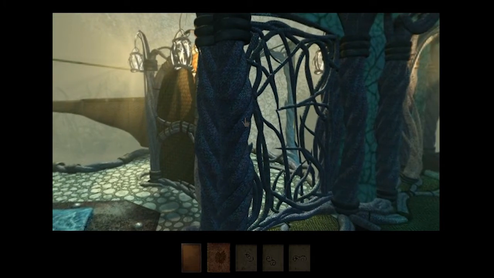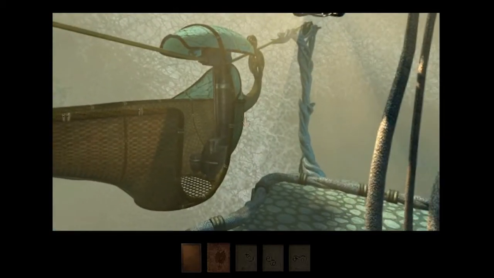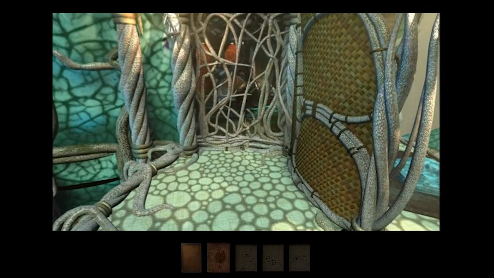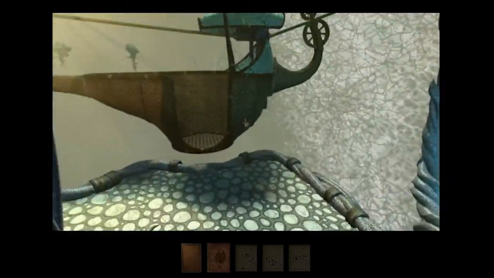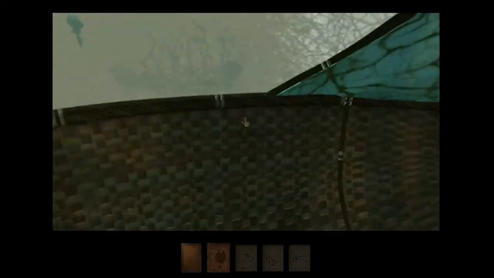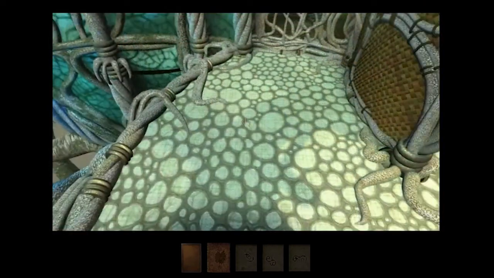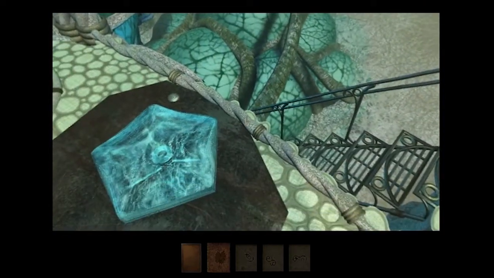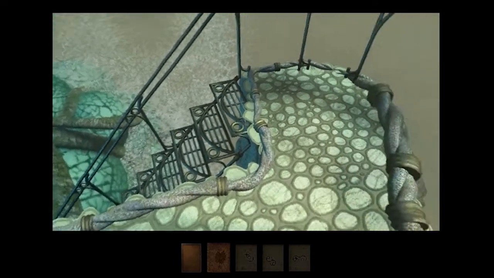I'm dropping my pen. So there's a gate. It allows you to go off into a little skiff. But the skiff can't go anywhere because of the ice. The crystal. Now I wonder what's down here.